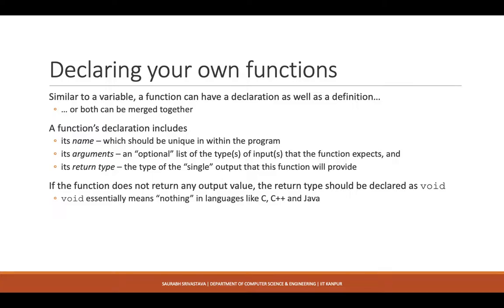Void is a term that we have discussed sometimes in the class, right? For instance, we've had a discussion over what should we really use, void main or int main. This is the same void. Void essentially means nothing. In languages like C, C++, and Java, whenever you write void, it usually means this particular function is not going to return anything.